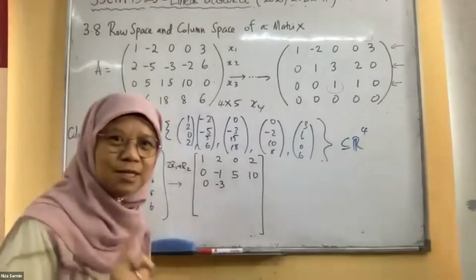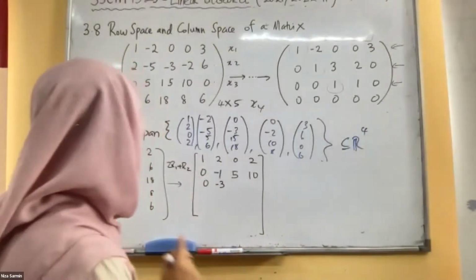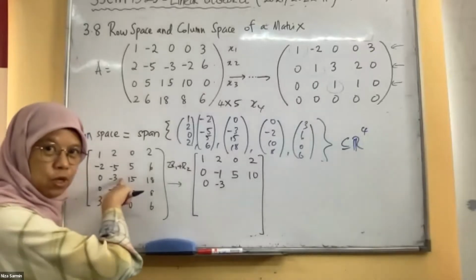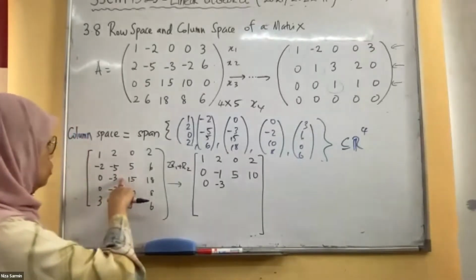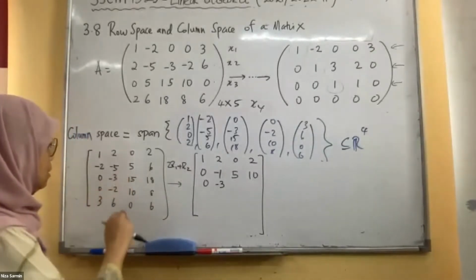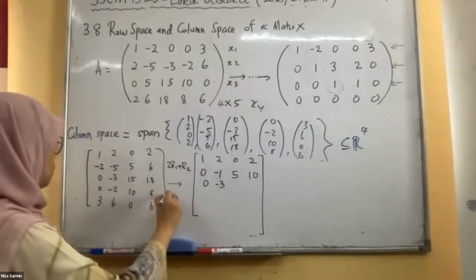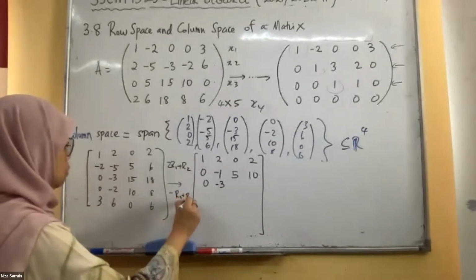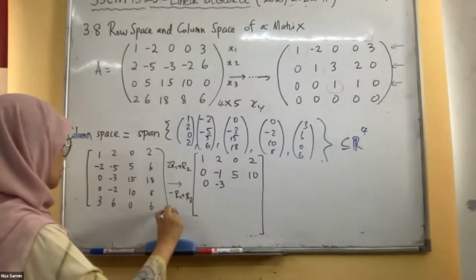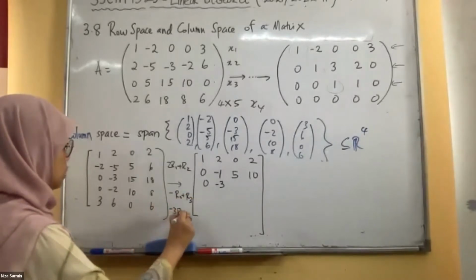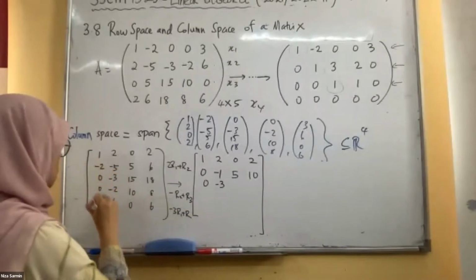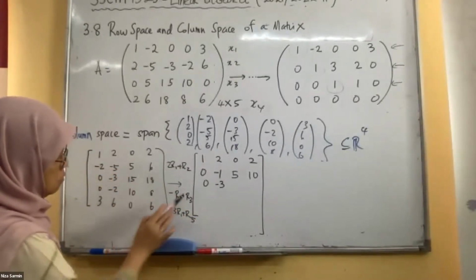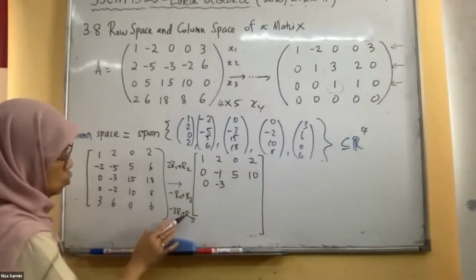So let me save one step because I want to do this and this, but these two can be done together also to get a quick one. Okay, I will do negative row 2 plus row 3. And then negative 3 row 1 plus row 5. So I use row 1. So row 1 stays to change row 2 and row 5.